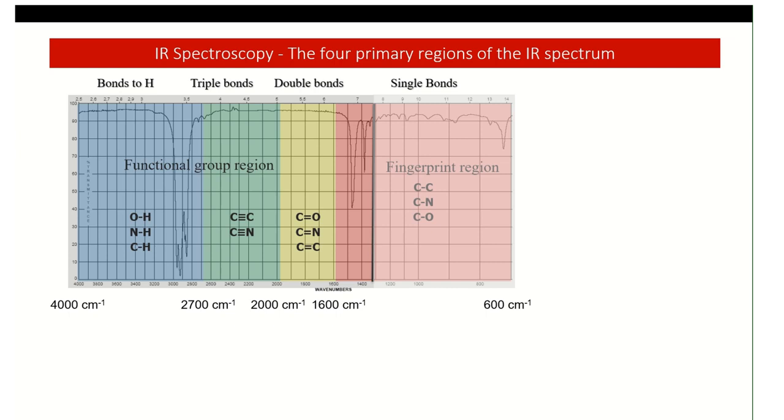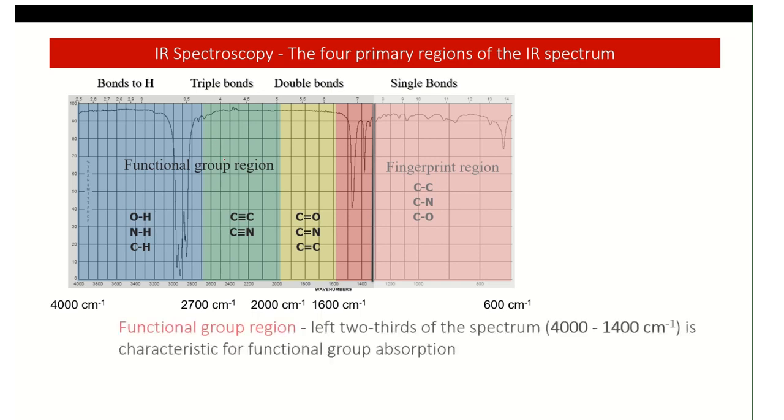So herein we're looking at the 4 primary regions of the infrared spectra, and I want you to focus on the OH, NH, CH. So these are the atoms attached to the hydrogen, and then of course the triple bonded region, which is in the 2000 region, and the double bonded region, which is centered around 1700.